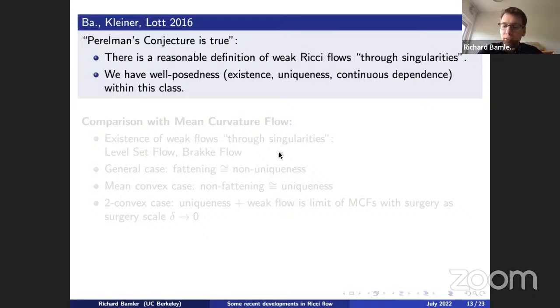But before doing so, let me briefly digress and compare the situation with a close cousin of Ricci flow, namely the mean curvature flow. So the mean curvature flow concerns the evolution of embedded hypersurfaces, often in Euclidean space.